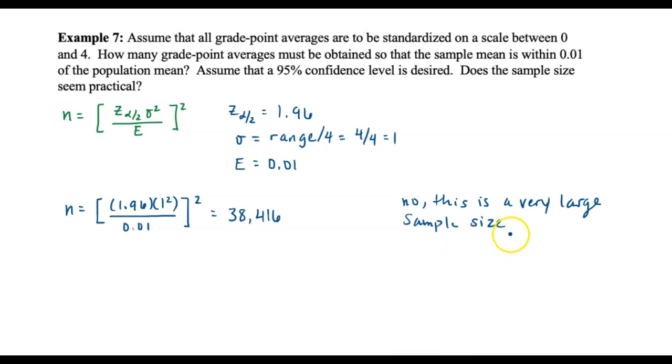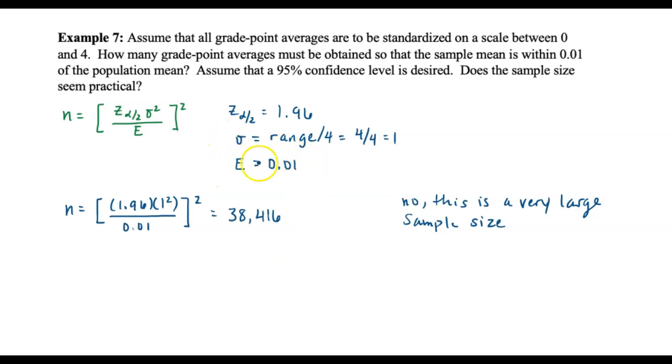And so if our sample size is a bit too large, there are different things we might be able to do. Number one, if we actually know the population standard deviation, if we can calculate that some other way or look at some recent study, if this population standard deviation is smaller, you can see how that would make the numerator smaller, which would lead to a smaller n. So I'll need a smaller sample size. So if I know the population standard deviation, that might help our cause.